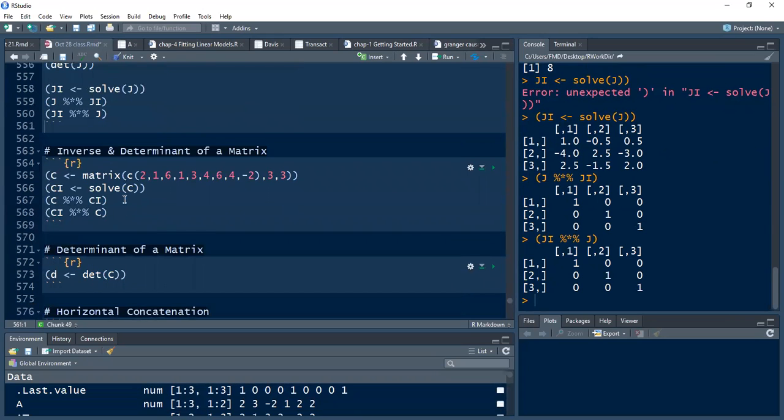We have here matrix C. This is just the same example above. Let's just reinforce this idea of inverse, matrix multiplication, and determinant of a matrix.